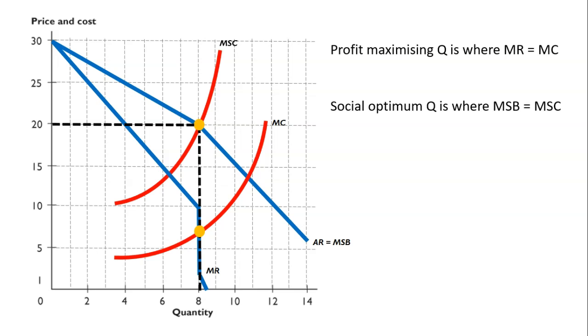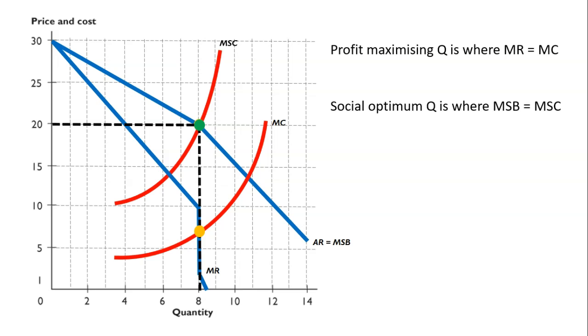Now, where is that on the diagram? Well, it's given by this point here. Okie doke. So the socially optimal output is going to be 8, and the socially optimal price is going to be 20. So we have no change in the price and output.